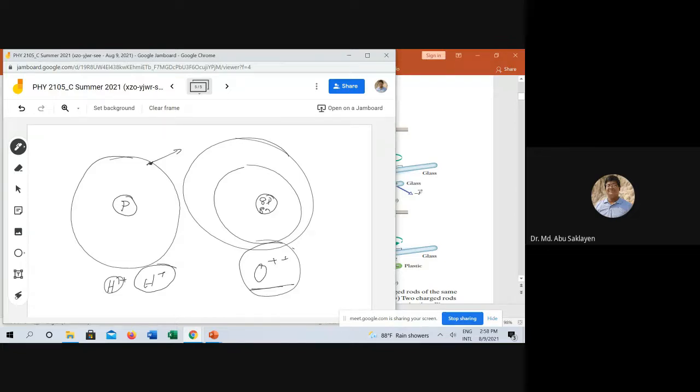He said the charge of an electron is negative and the charge of a proton is positive, and they are equal.